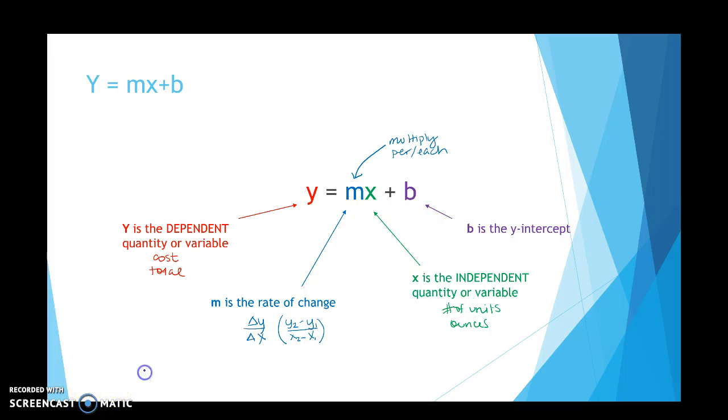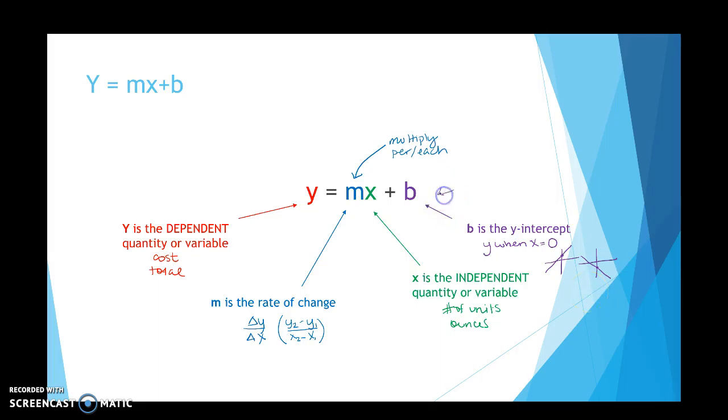And then the y-intercept, we said, is the value of y when x equals 0. So we're looking for when the line goes through the y-axis, or on a table when x equals 0. If you look at that, what operation are we doing? We're adding it, right? Or we could be subtracting it.